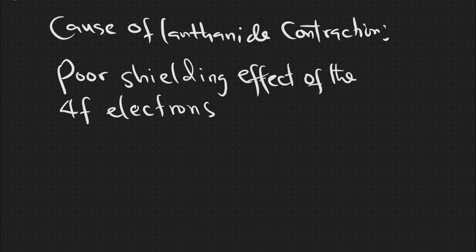Since there is no protection, no shielding by the 4f electrons, then those electrons at the final shell will now have great effect of the electrostatic or the nuclear charge, thereby dragging the electrons closer to the nucleus. So that is the cause of the lanthanide contraction: poor shielding effect of the 4f electrons.